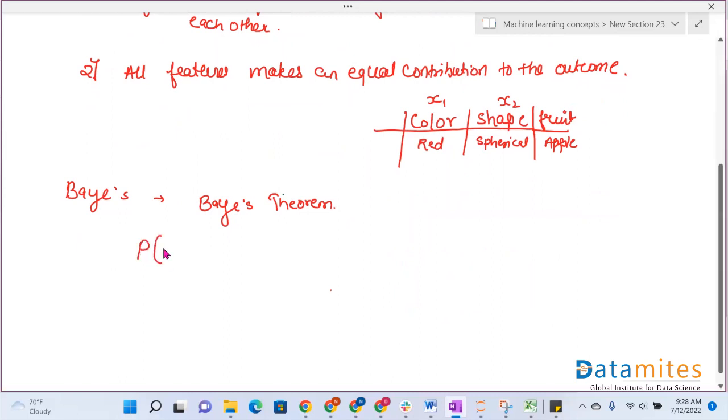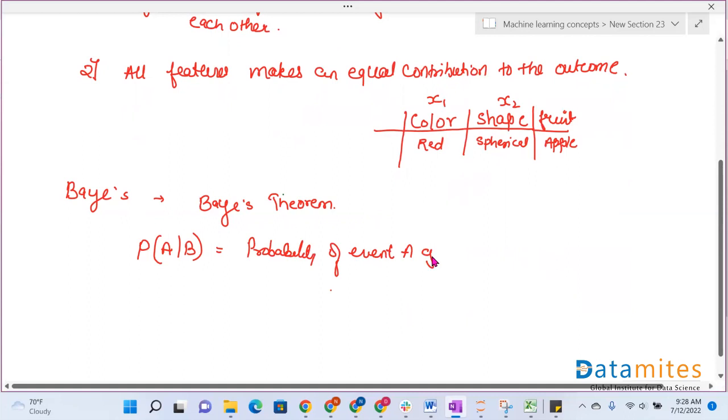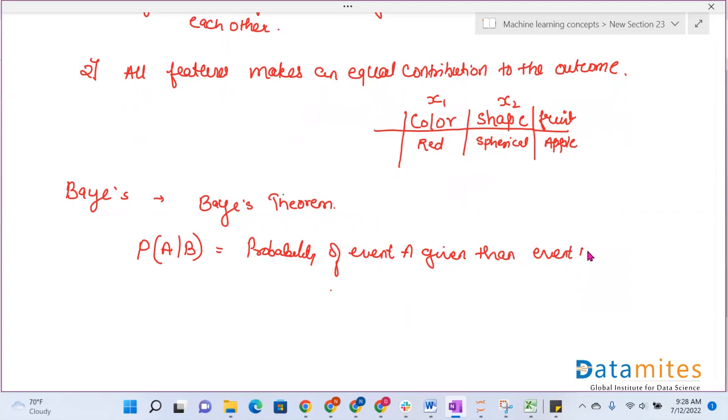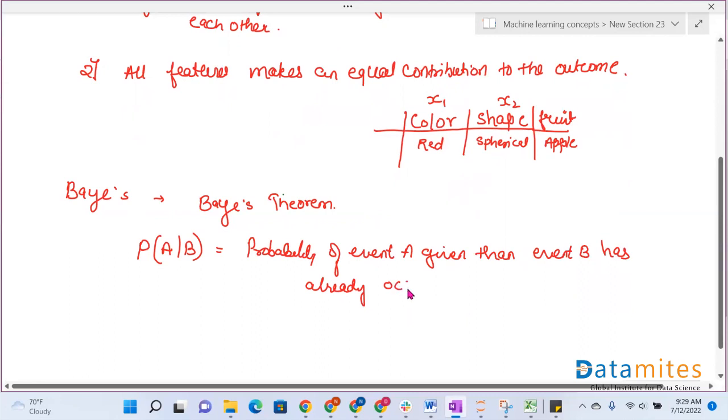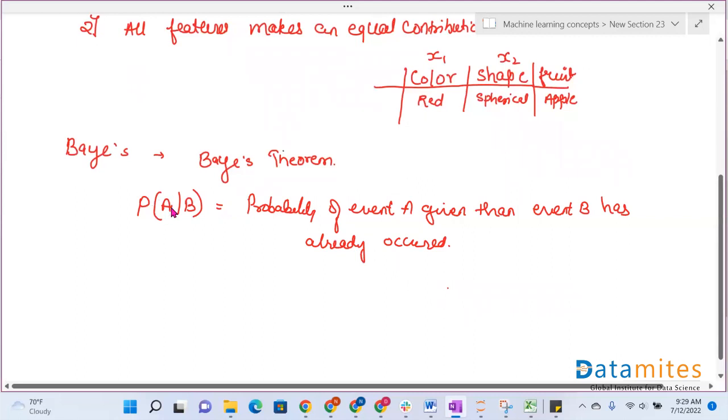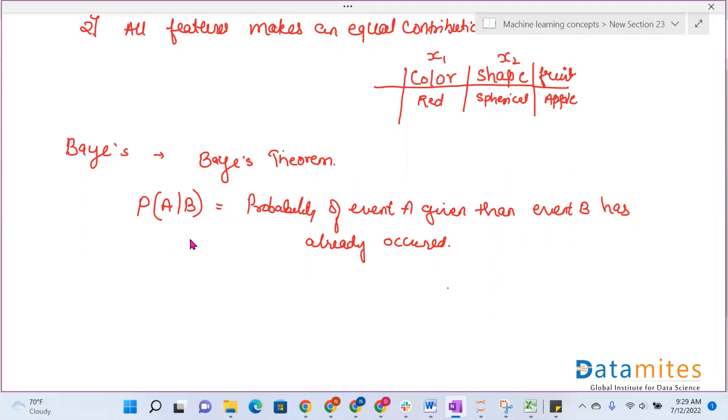The probability of event A given that event B has already occurred. Let's assume we have two events A and B. The probability of event A given that event B has already occurred is known as conditional probability.